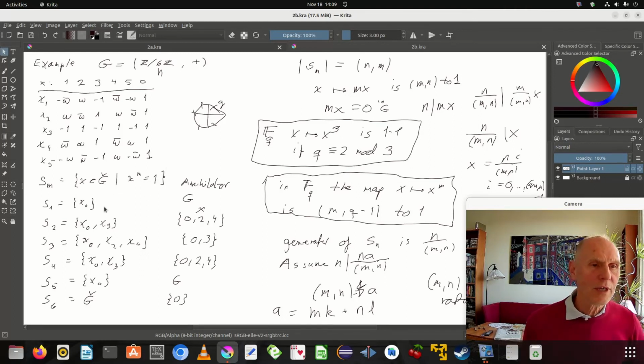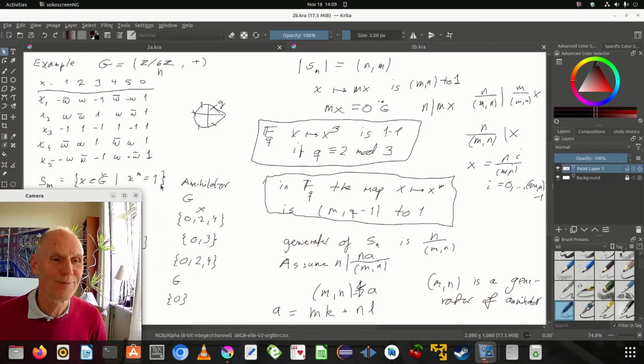Well, the first thing I noticed was that the number of elements here turned out to be the greatest common divisor of m and n. Here n is 6. So let's try to prove that.